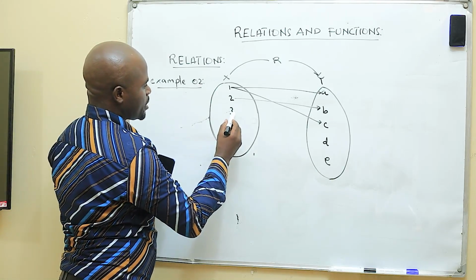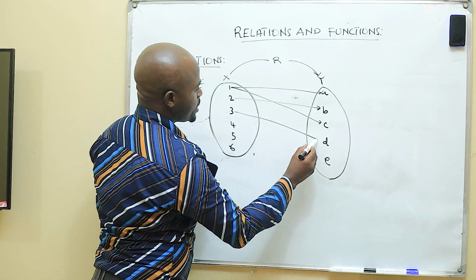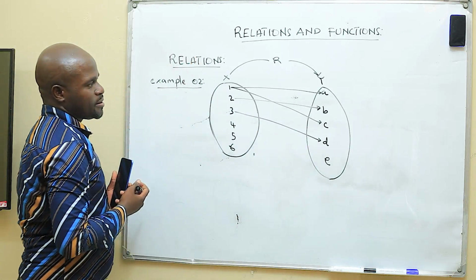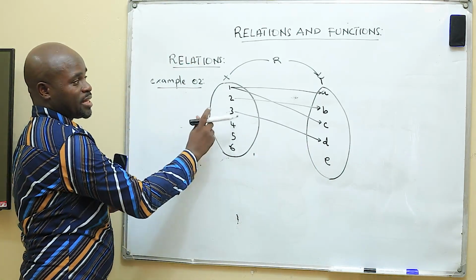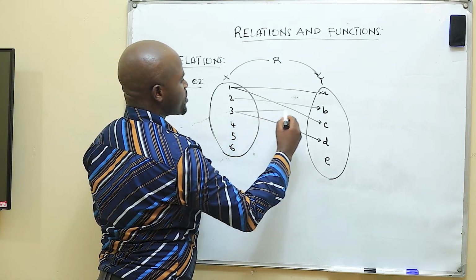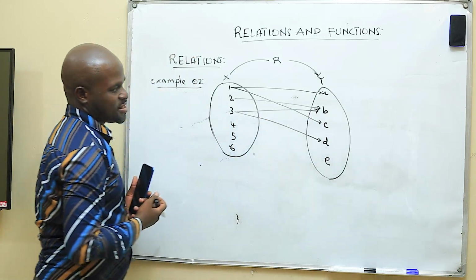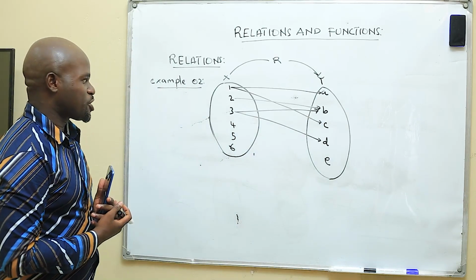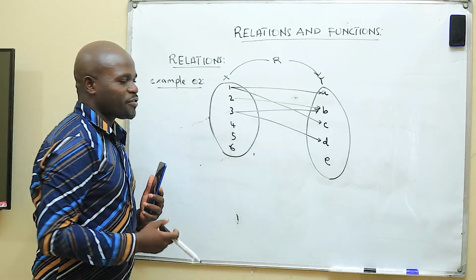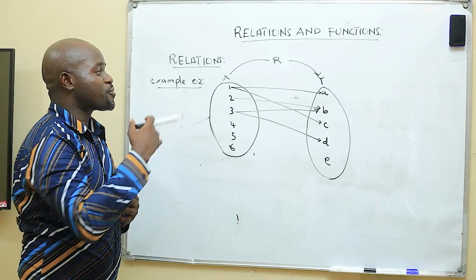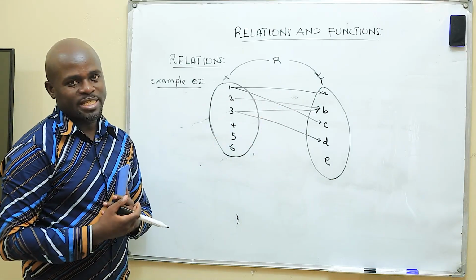Number 3 can go with D. Number 3 again can go with B. Yes, in relation, this is possible. One element of the first set can relate with one or more than one element of the second set.